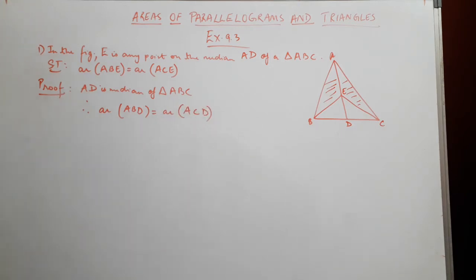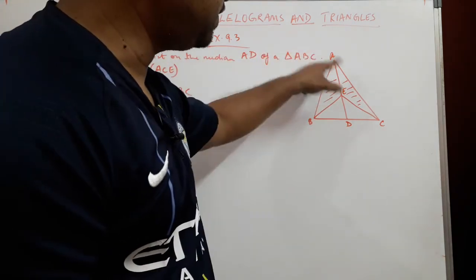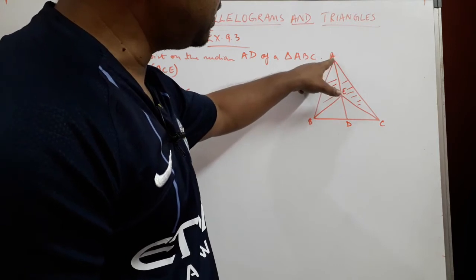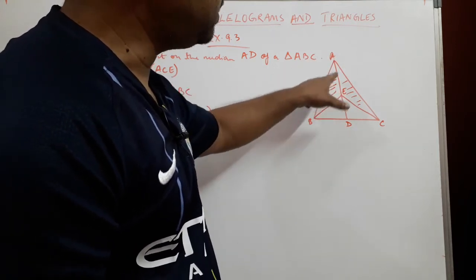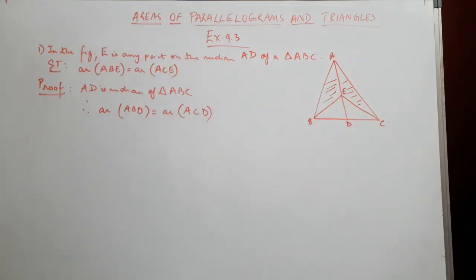Because AD is the median of the entire triangle ABC, the area of triangle ABD is equal to the area of triangle ACD. That's the property of medians.